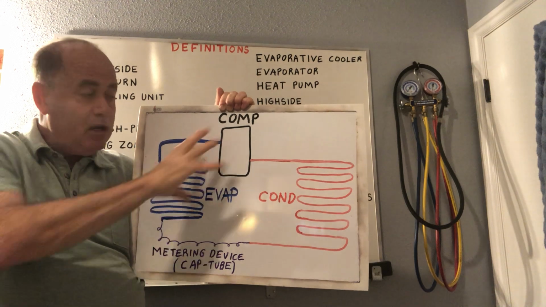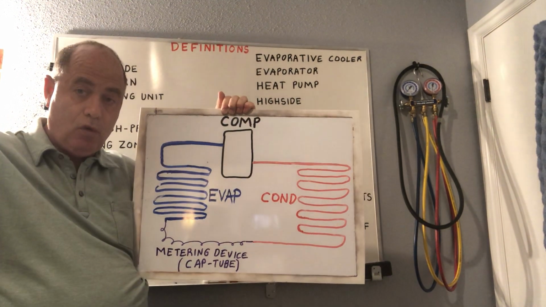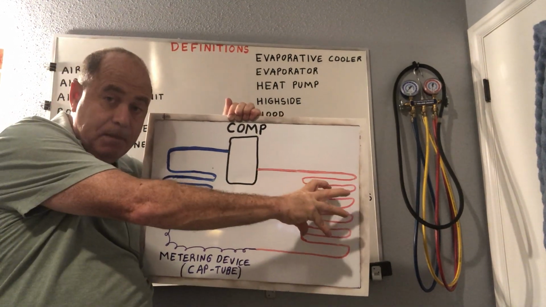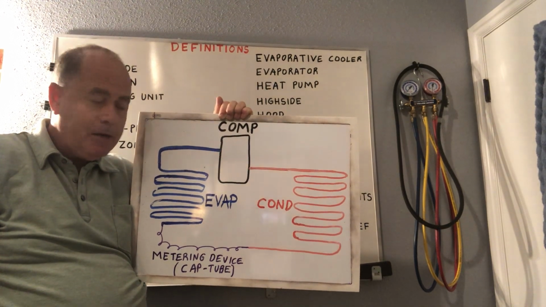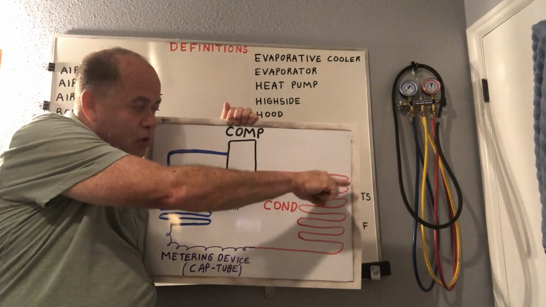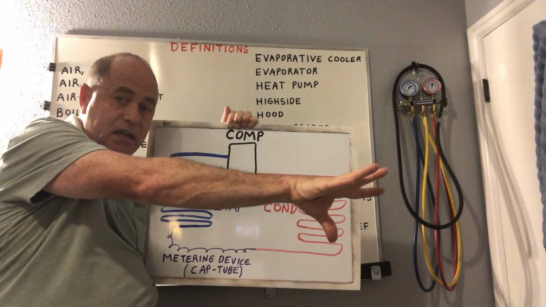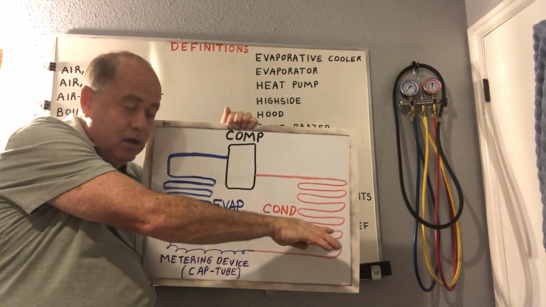So we've picked up the heat here, we've intensified it here, and then we send it to, let's say, that outdoor coil. Think of this being the front of your window unit and this being the back end of your window unit that sticks outside. And as you go through here, the refrigerant gives off its heat outside, and it condenses into a liquid.